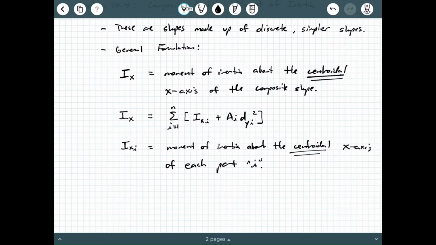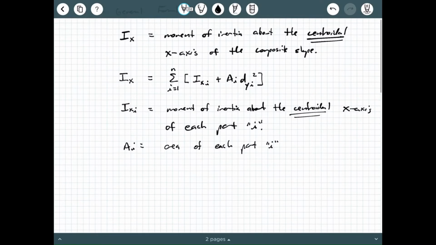So let's say, for example, you have an L shape, okay? Maybe you have an L-shaped area. You're going to have maybe two parts, a part 1 and a part 2 of this kind of L shape. And I sub x sub i is represented by the moment of inertia about the centroidal axis of each individual part, okay? And then, of course, a sub i is the area of each part i.